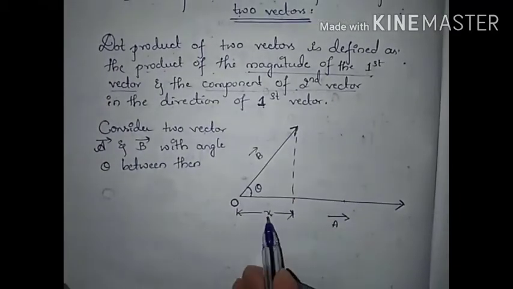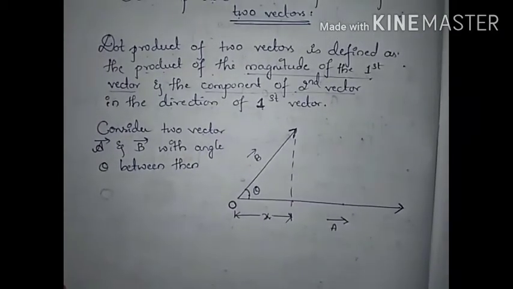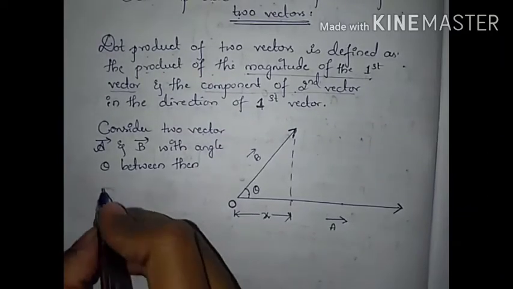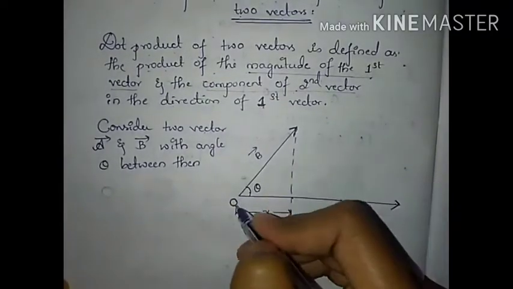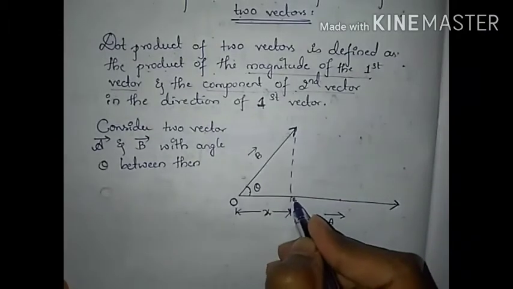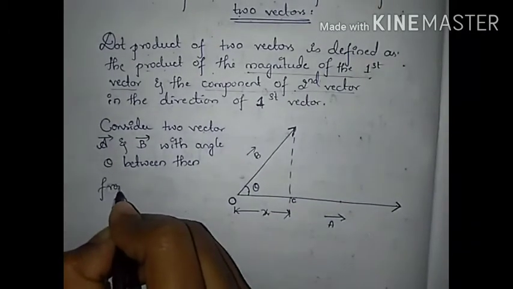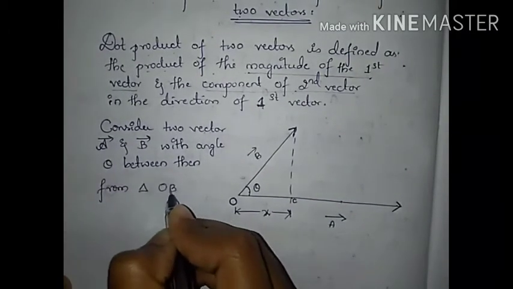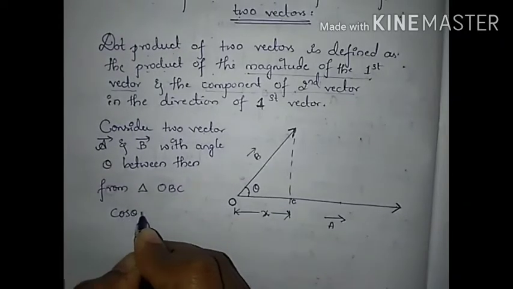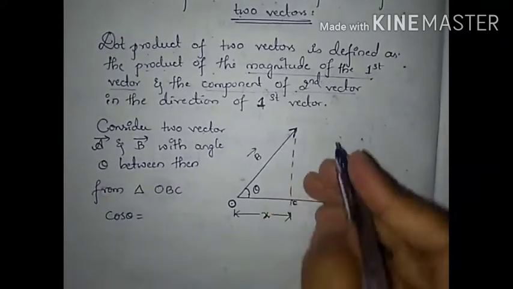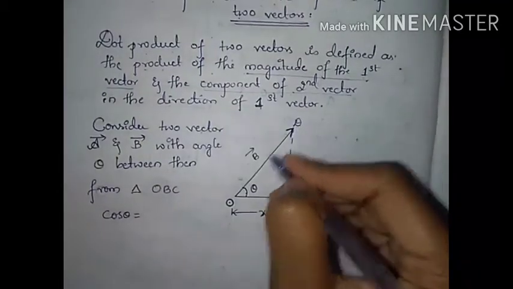Now I need to find x. So from the triangle OBC, cos theta will be OC by OD, so let this be OD.